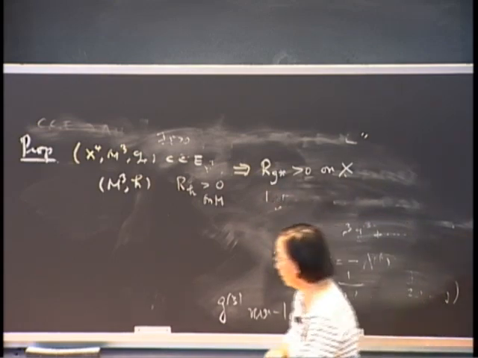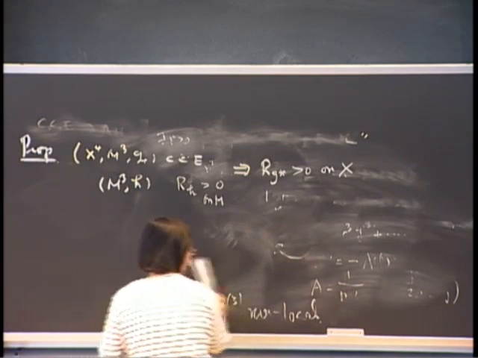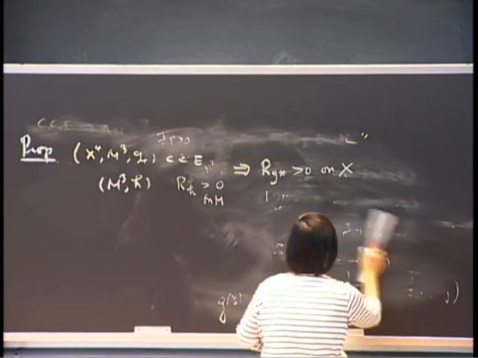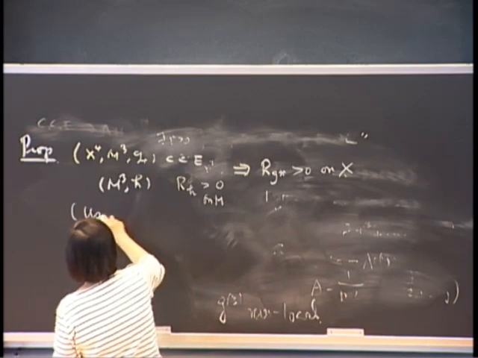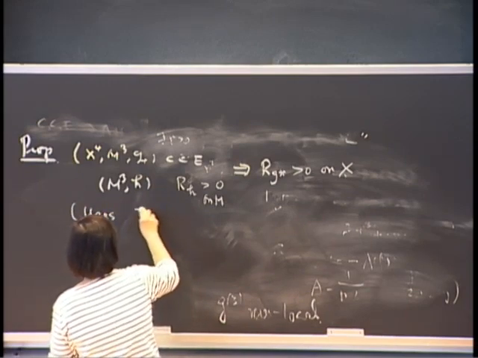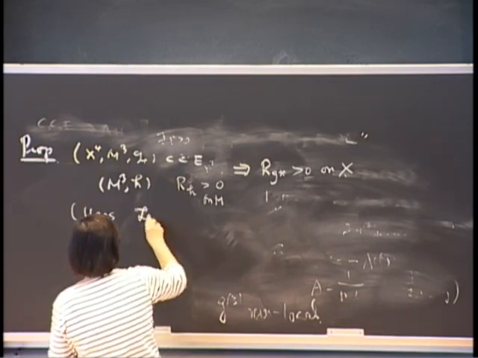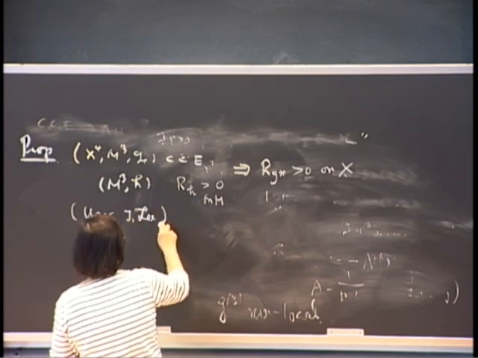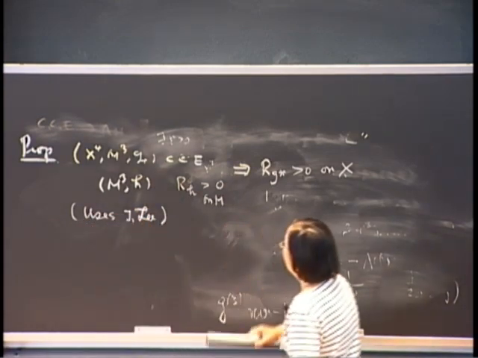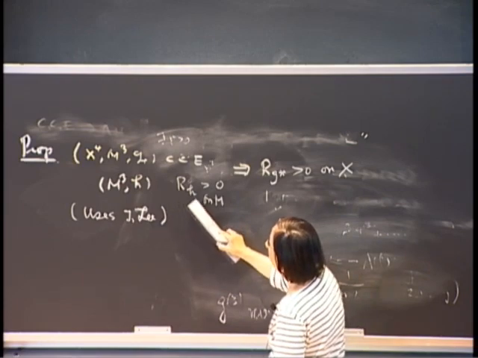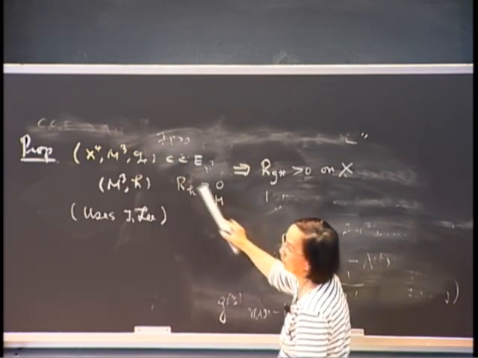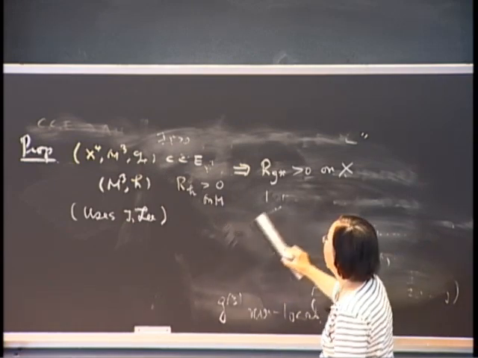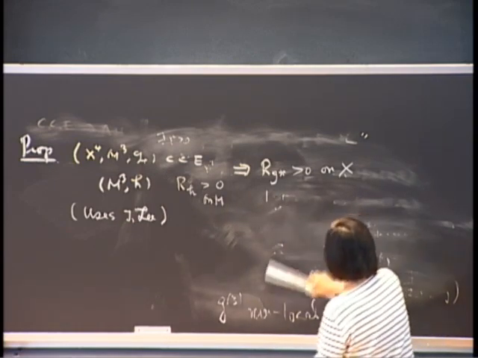I don't have time to sketch the proof of this result, which uses early work of Jack Lee. Jack Lee says that in this setting, if the boundary Yamabe class is positive, then the interior Yamabe class is positive.